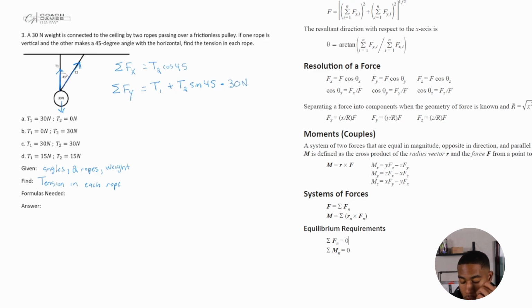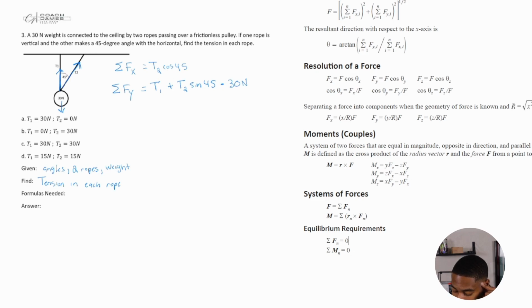Okay, so where do we go from here? Let's just solve for T2 and go from there. Because I'm thinking if I can solve for T2, then I can plug it back into my f of x function and see if I get a value.